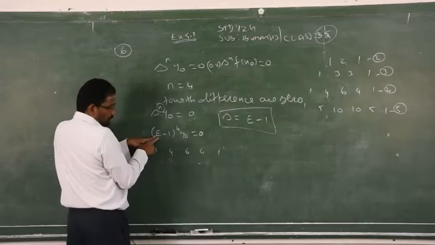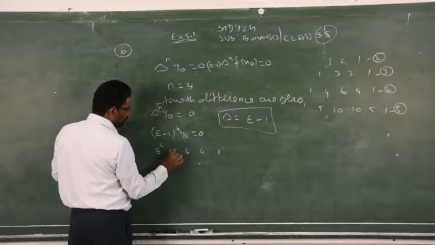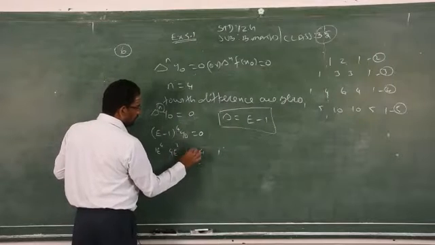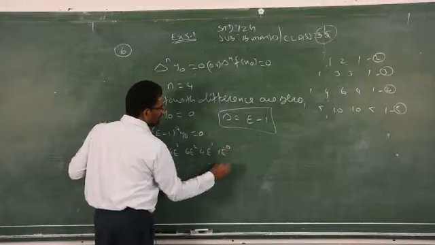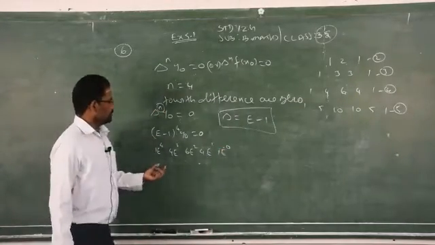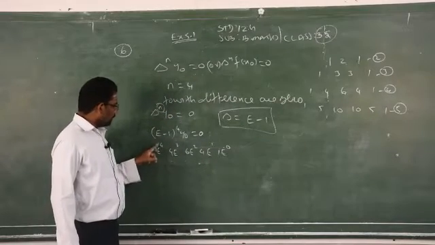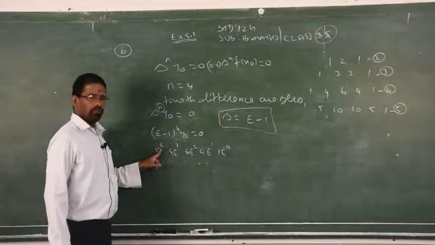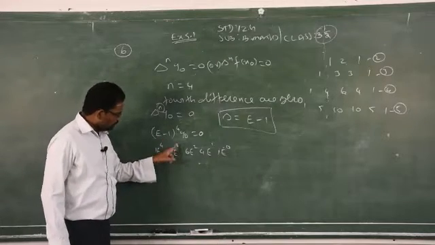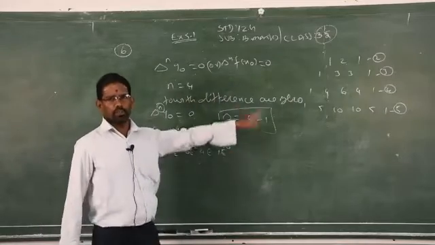E is there in the place of a. So e power 4, e power 3, e square, e power 1, then e power 0. That's the rule. So first you have to write down the numbers, then you write e power what is given here, 4. If it is given 5, you write e power 5, then e power 4, e power 3, e power 2, e power 1 and e power 0 and so on.